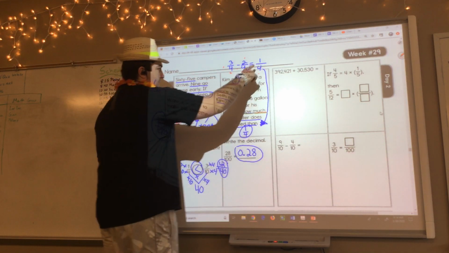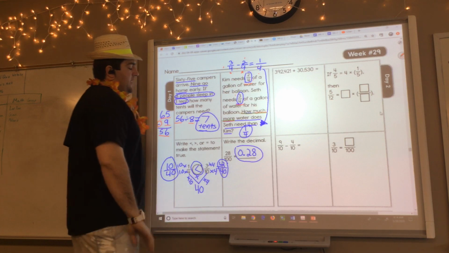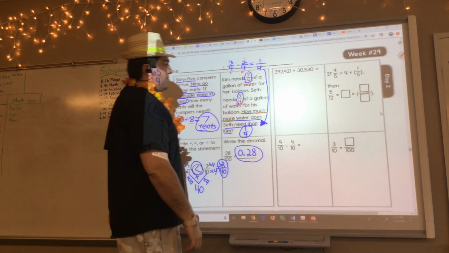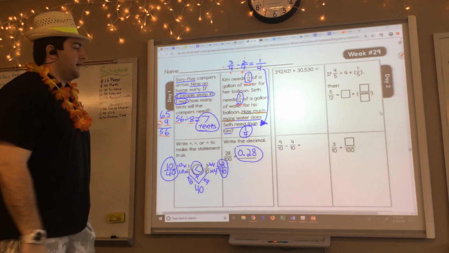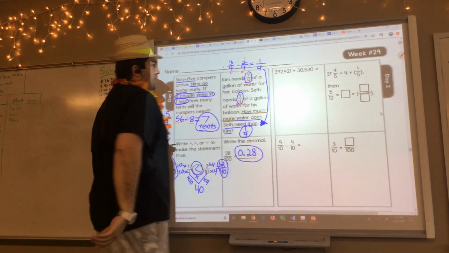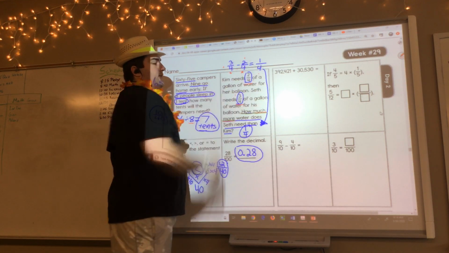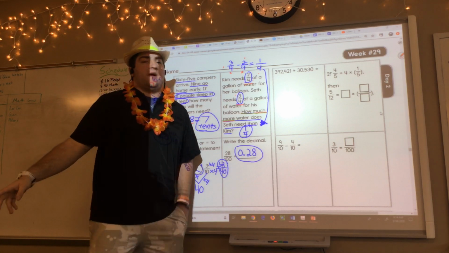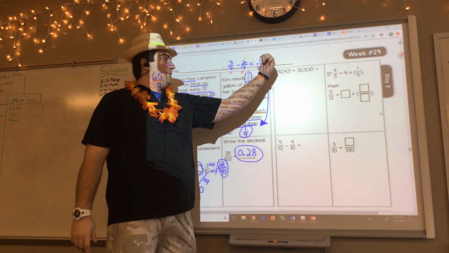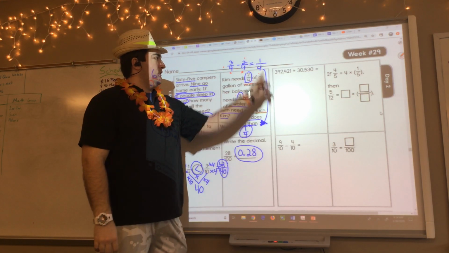So I just told you to bring it down here. Circle your answer, 1/4. I didn't have you put a label for this one. It's fine if you just leave it as 1/4. But again, coming back to what we're going to be doing in a second after the Common Core, check and see if this needs to be simplified. 1/4, right off the bat, you're good, because the only thing you can simplify these two by is 1.